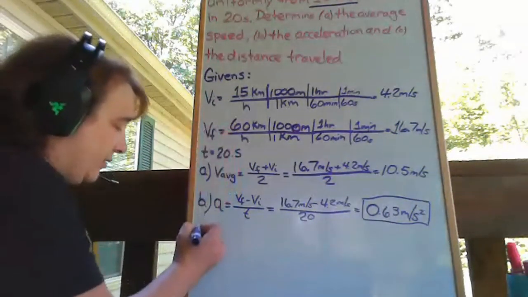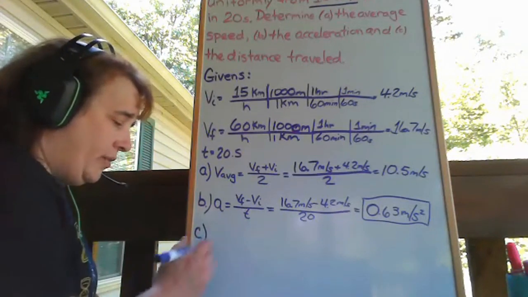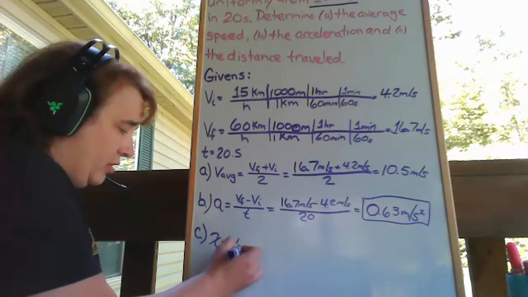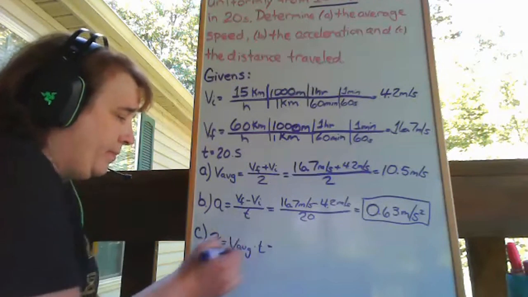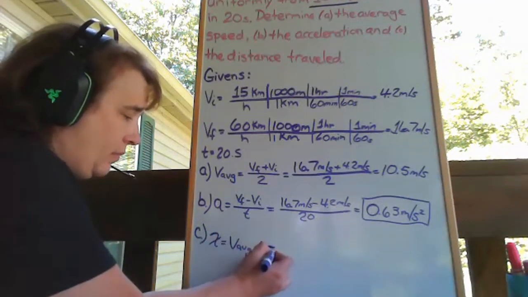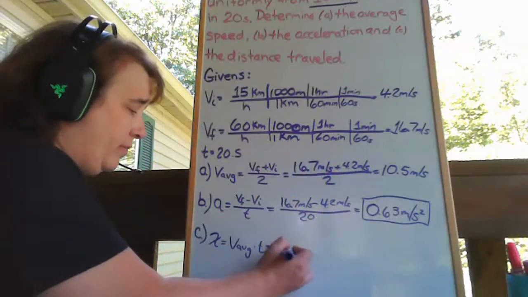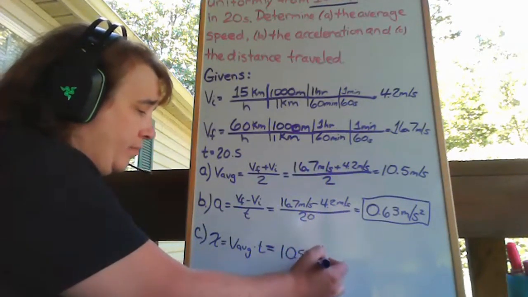So C asks for the distance traveled. Okay, so we can use this formula. X is equal to V average times T. So my V average is 10.5 meters per second.